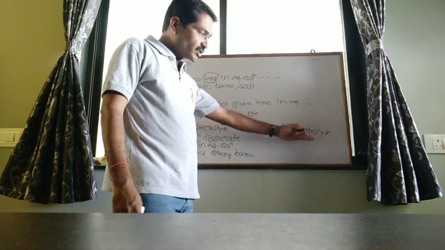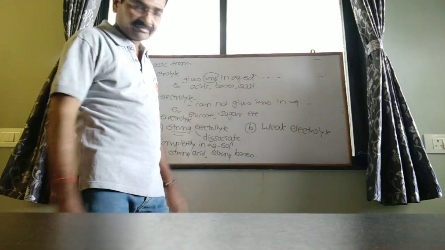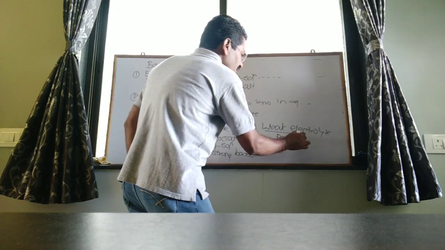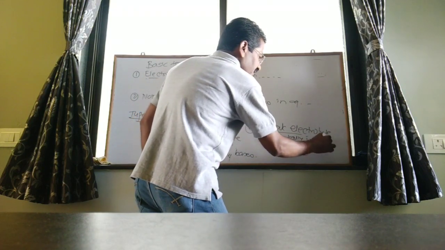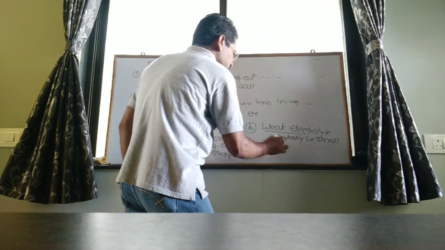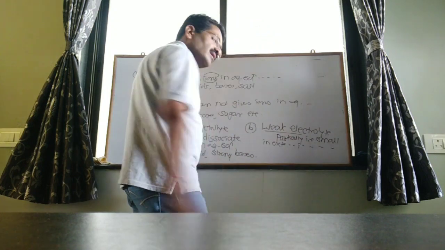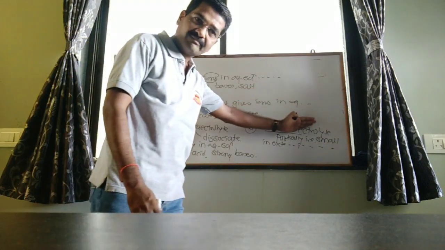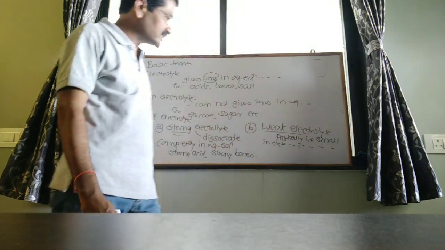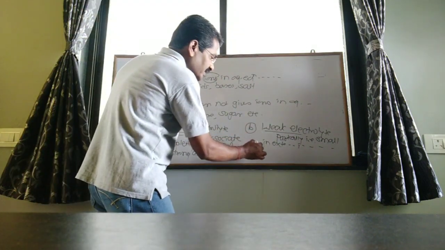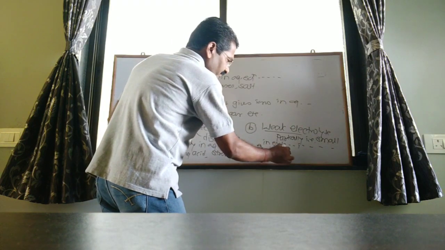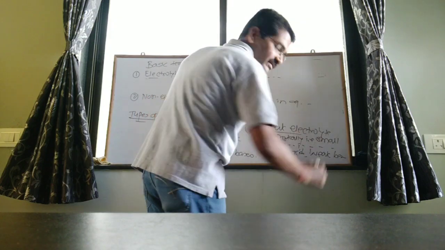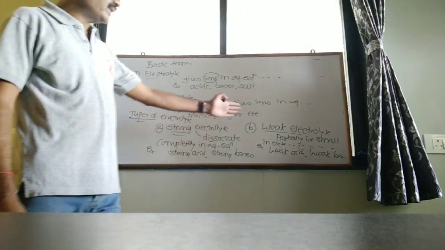Those electrolytes which dissociate partially, that is small in extent, in aqueous solution are called weak electrolytes. Examples are weak acids and weak bases.